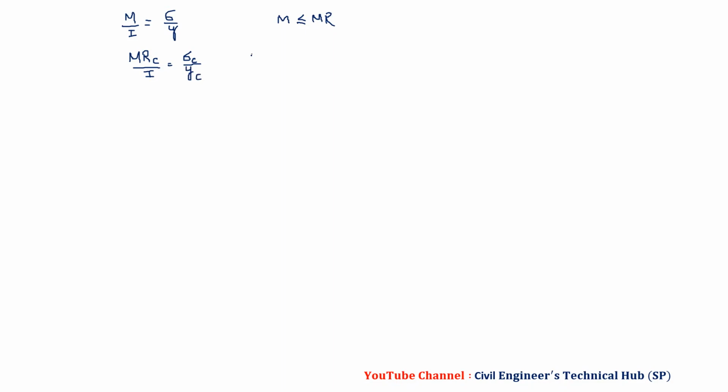Therefore MR compression equal to sigma C, that is given for compression as 100, into value of I, we have 425.17 into 10 raised to 6, and value of Y we have 271.25 for compression.